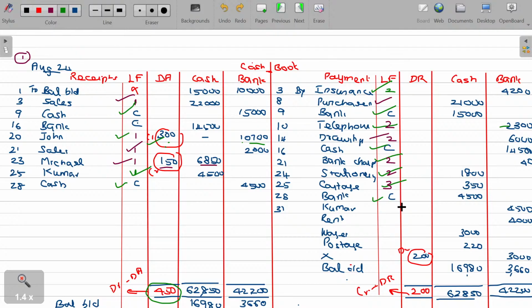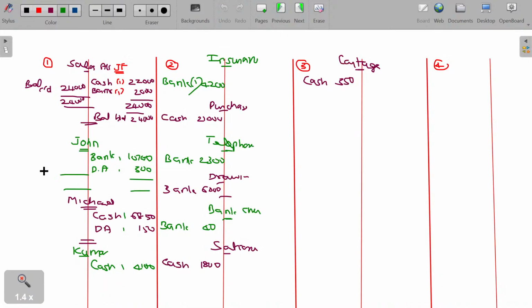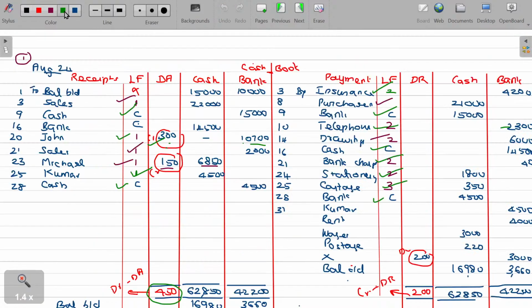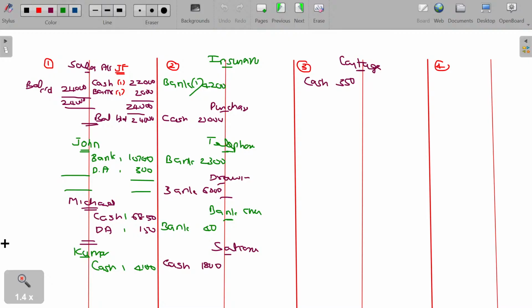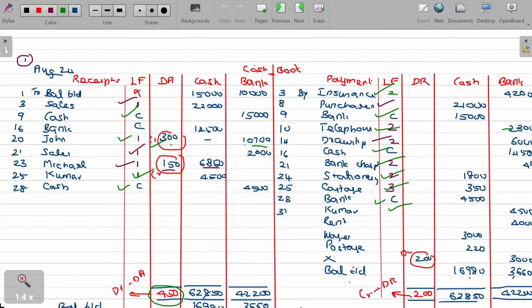We have to open a new account, Kumar. Kumar already we have, right? Yeah, Kumar account. So I can use Kumar here. 4,500 bank. Bank 4,500. Don't tally because it's not a complete illustration. It's an illustration for the cash book alone.